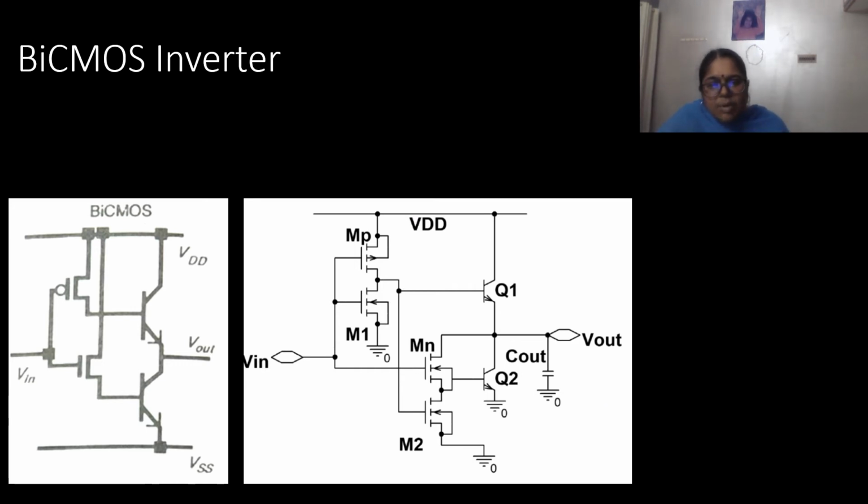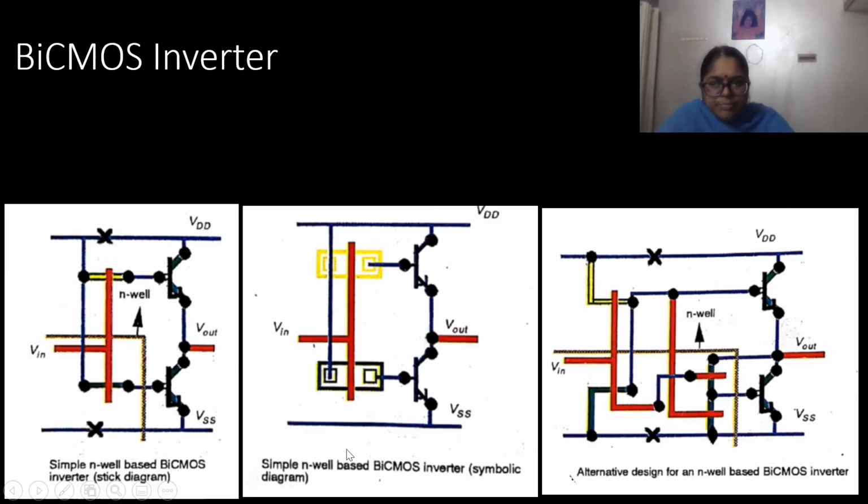Next is BiCMOS. We had already studied the BiCMOS inverter circuit, where a CMOS inverter is used in addition to the BJT for high current drive capability. So these are the two ways in which the BiCMOS inverter can be drawn. And this is the stick diagram of the BiCMOS circuitry.